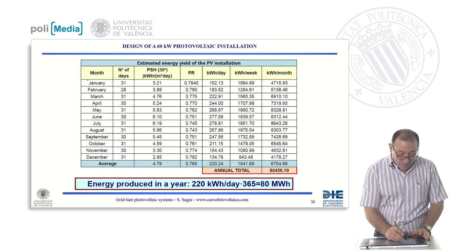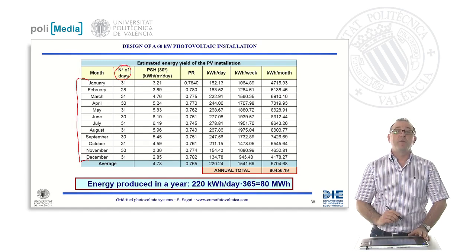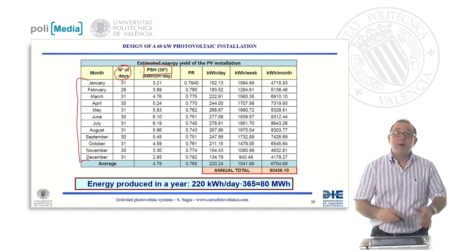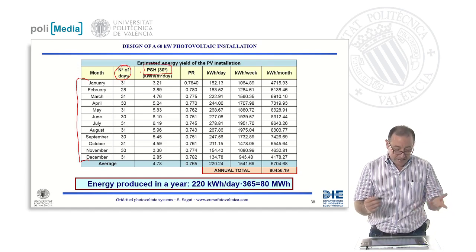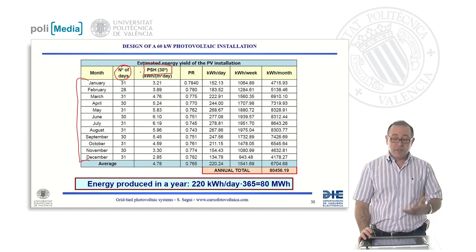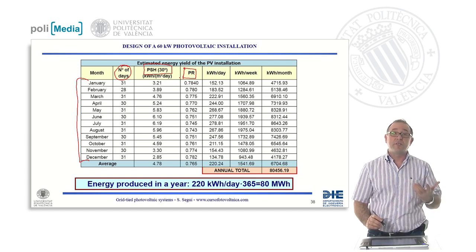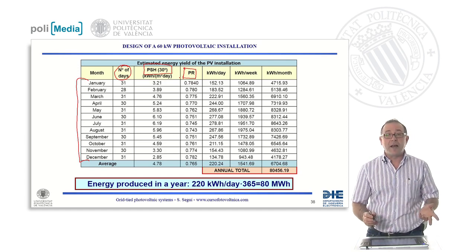We have the different months of the year, the number of days of each month, and the peak sun hours that we have obtained from a website, just like the one that we are using, the PVGIS. And here is the performance ratio that we have calculated in the previous slide, considering all the factors.